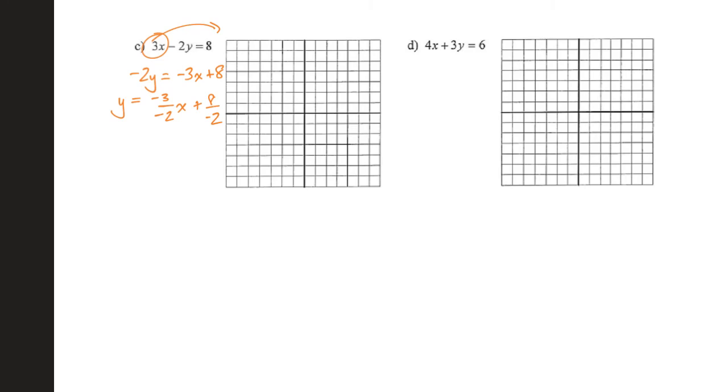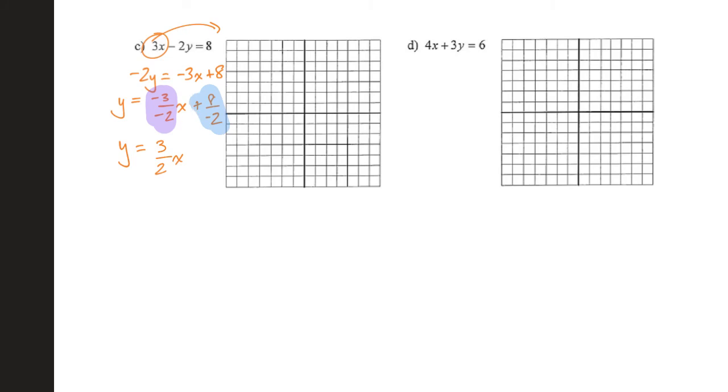Okay, I can do a little cleaning up. Take a look at that first fraction. Your first fraction is a -3 divided by -2. Now, we can't divide 3 by 2 evenly, but I can simplify a negative divided by a negative. That's going to give me a positive amount. Now, take a look at the last fraction.